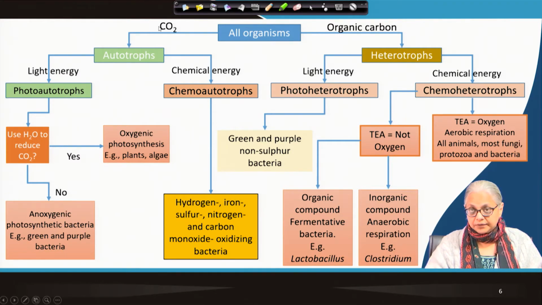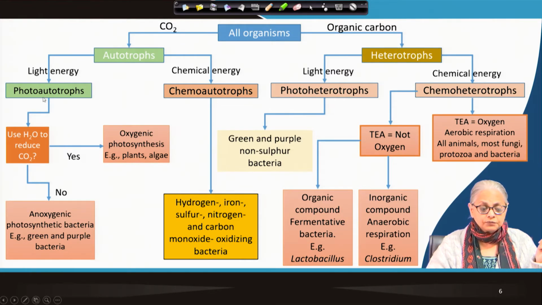If they are utilizing CO2, they are autotrophs. If they are utilizing organic carbon, they are heterotrophs. Let's focus on the autotrophs. The autotrophs have two choices in terms of energy source. They can use light or they can use chemical energy. If they are using light, they are called photoautotrophs. If they are using chemical compounds, that is chemoautotrophs.